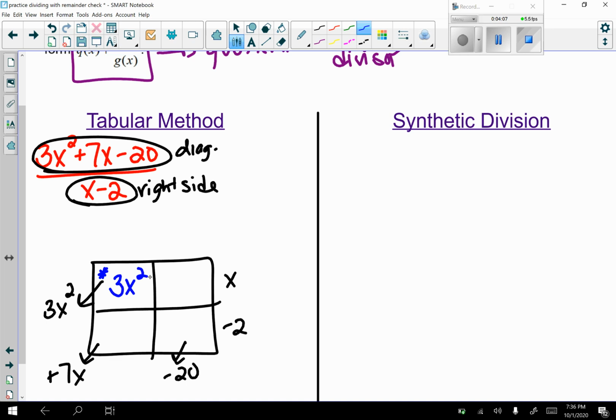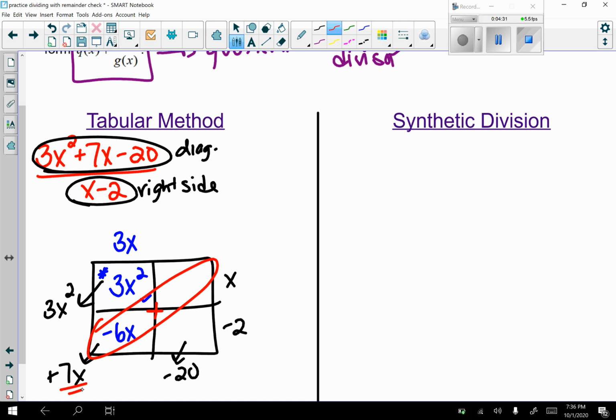What times x gives me 3x squared? 3x. Once you get a top piece, you multiply. 3x times x is 3x squared. We have it. 3x times negative 2 is negative 6x. This diagonal has to add to give me 7x.